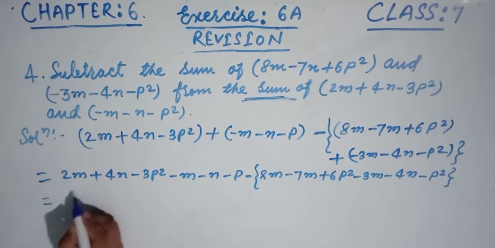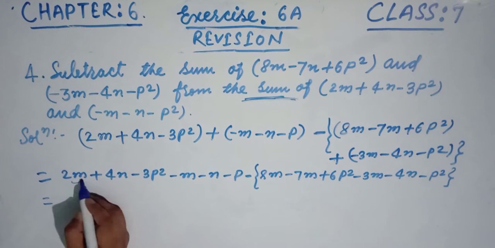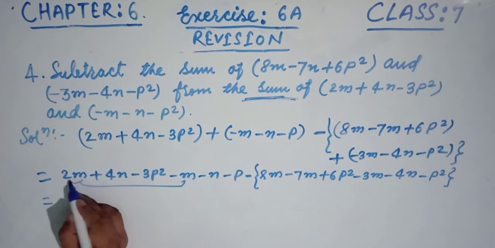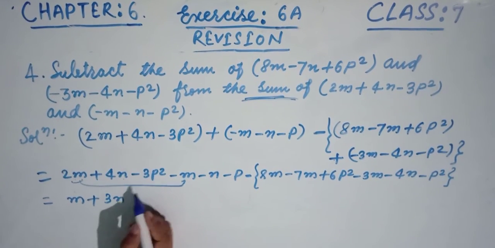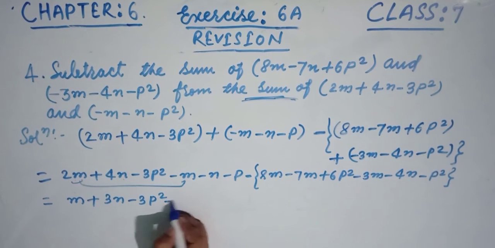Now see friends, 2m is here, 2m minus 2m, these are the same like terms. From 2m, 1m goes, so only m. From 4n, 1n goes, this is 3n. Now this is minus 3p square and this is minus 3p square as it is, and minus p, because there is no subtraction between them, because these are different terms. These are distinct terms. Here is the p square term and this is only the p term.